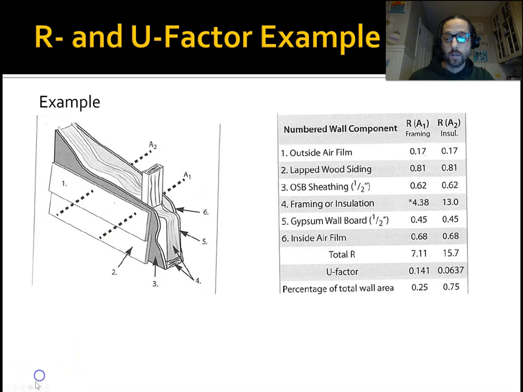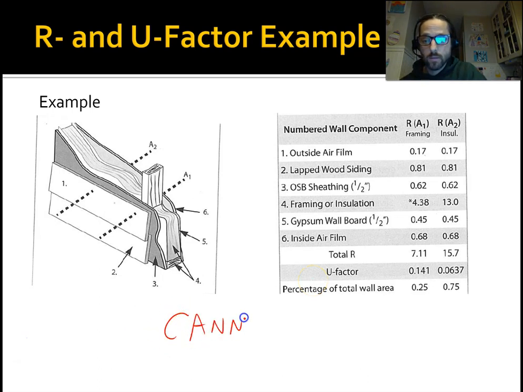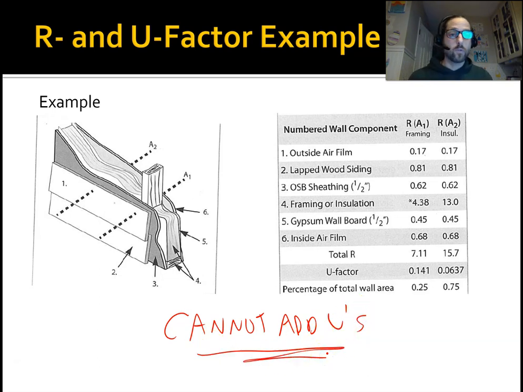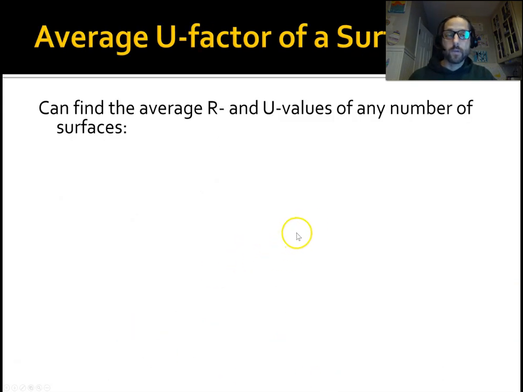You cannot add U's. It'll give you the wrong answer every time. So what we need to do is combine these. It's technically a weighted average, but here's how you can do it.